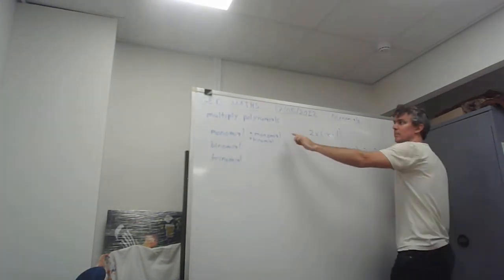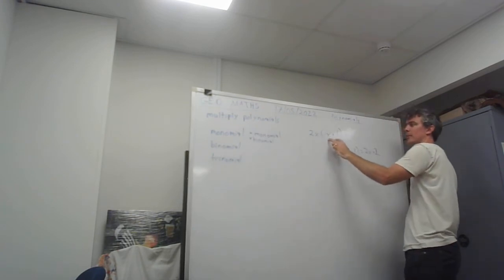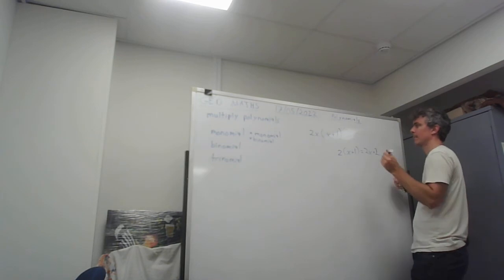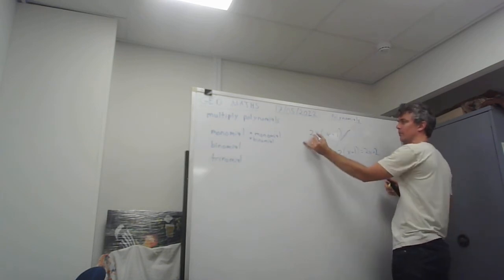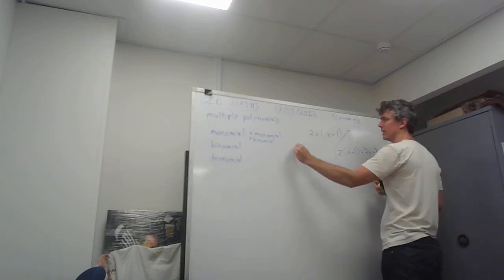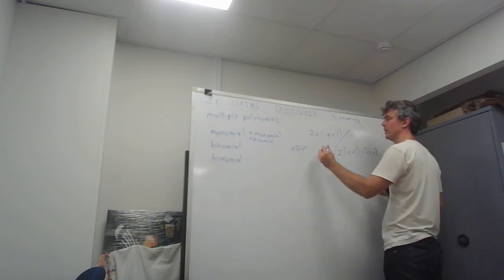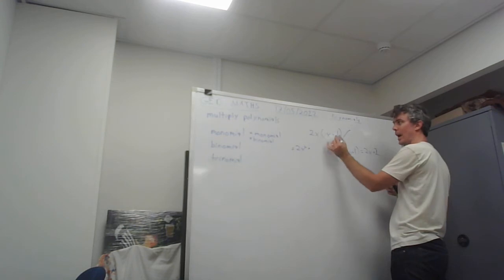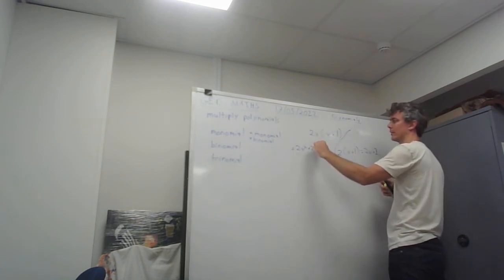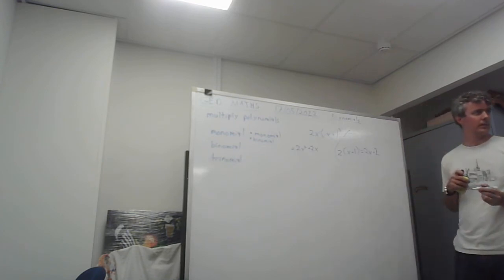We already did monomial times monomial, but for this one now I do it for each term. So this will become 2x times x, 2x squared, exactly. So that equals 2x squared plus 2x, because that's 2x times 1. That's a simple version.